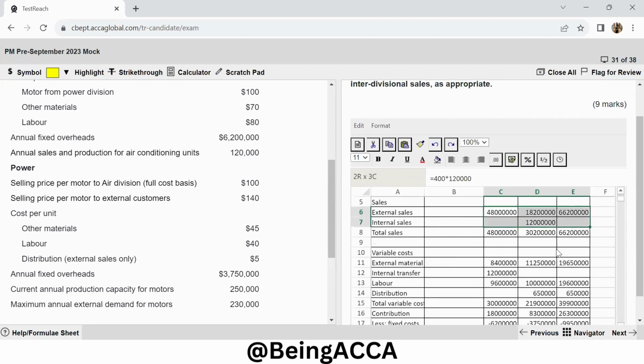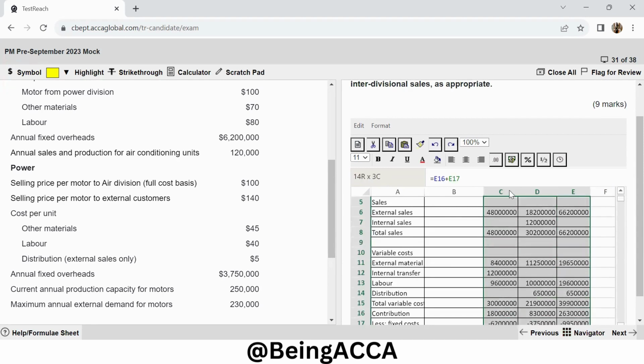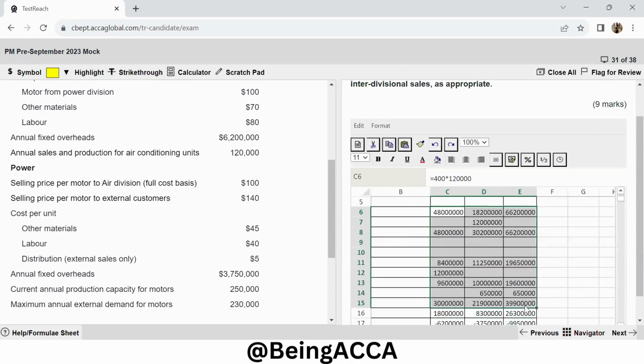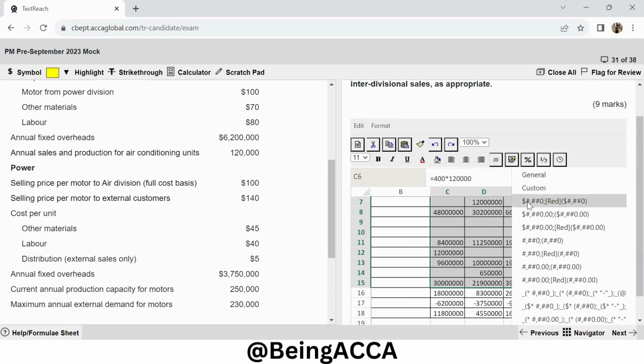And we can also format the numbers so that they look a little better to read, right? So these are our numbers. These can be formatted into currency maybe if you want.